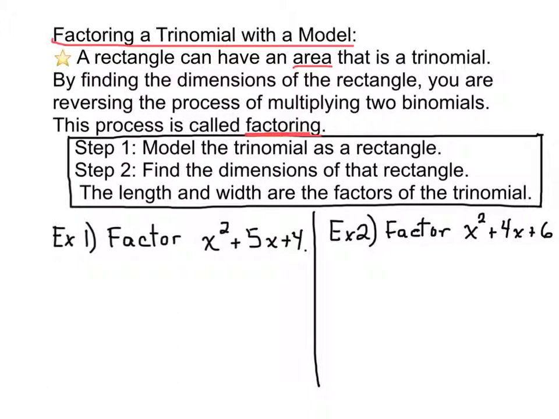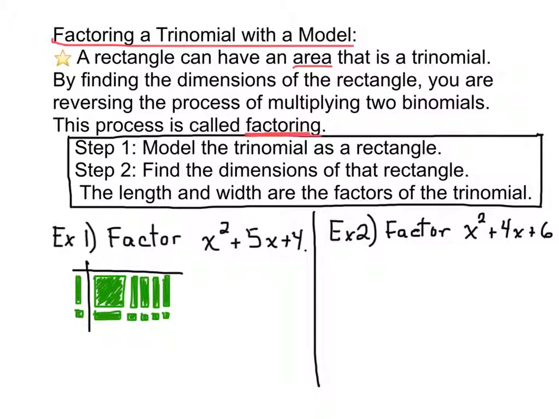If we look at a couple of quick examples, x squared plus 5x plus 4, we want to draw that trinomial as a rectangle area. Start with your x squared tile and then fill in your x tiles around it. Finish off by adding in your ones tiles. Then your dimensions are the length and the width of that rectangle.